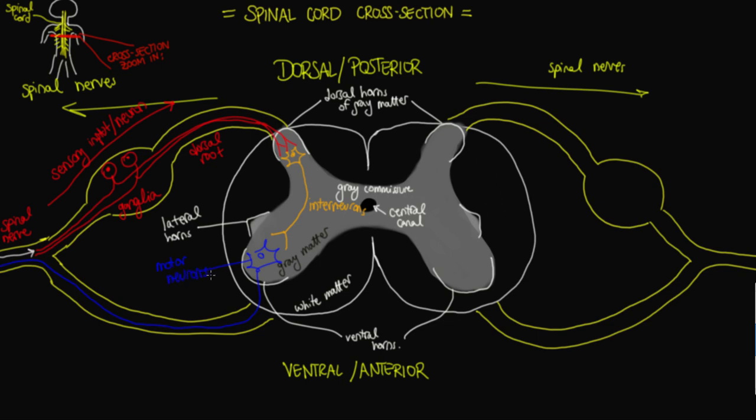And these motor neurons are going to send out information through the ventral side of the spinal cord through a branch that we call this time the ventral root. So the ventral root contains axons of the motor neurons until it joins back the spinal nerve and exits to the corresponding part of the body.